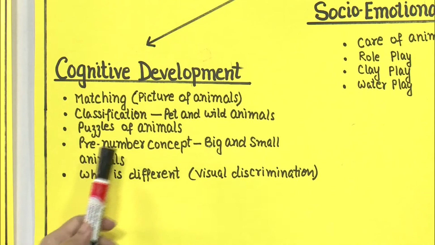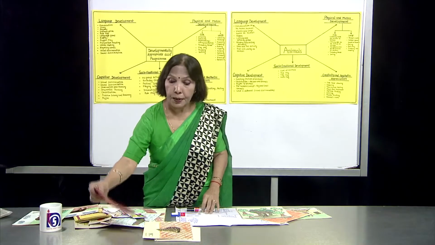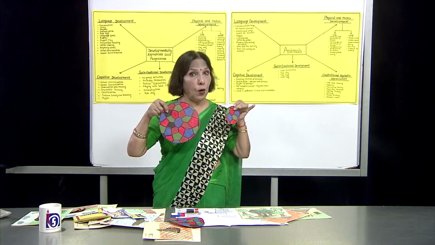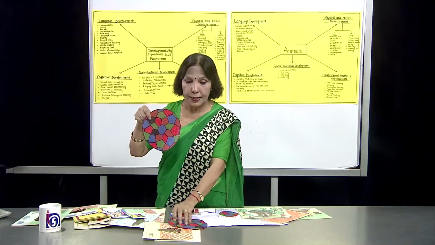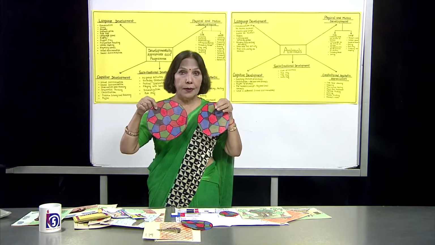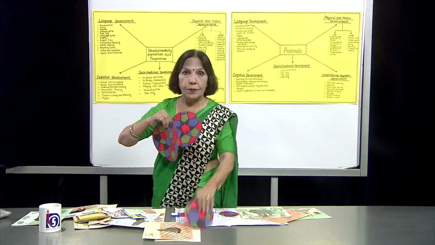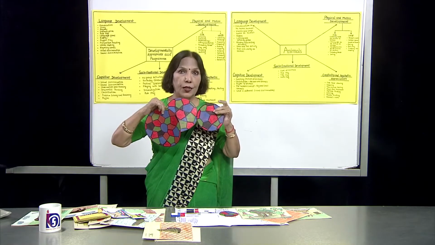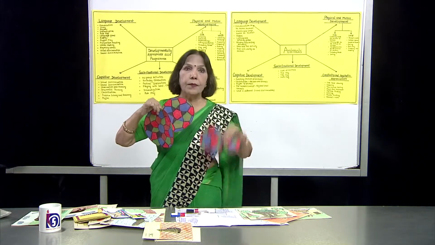Then comes pre-number concept, big and small. Add one more size, this is the biggest one, this is smaller than this and this is the smallest, and one more size.